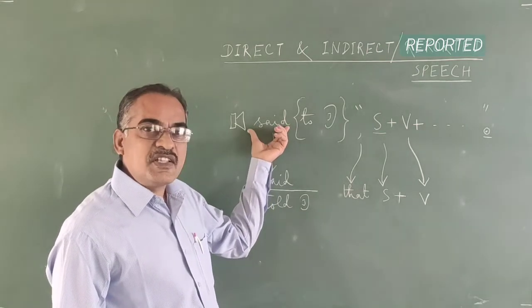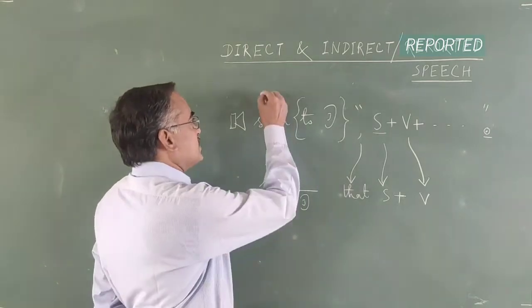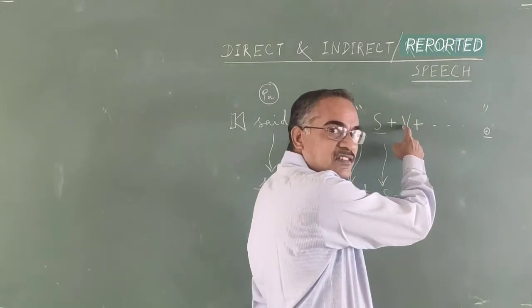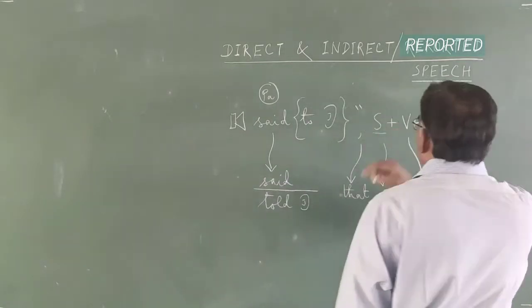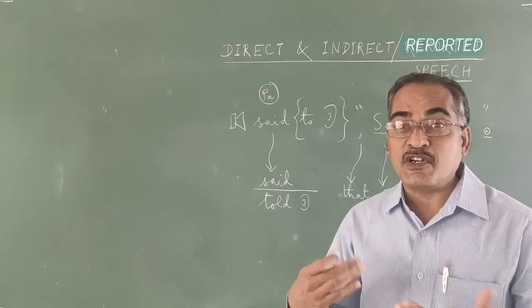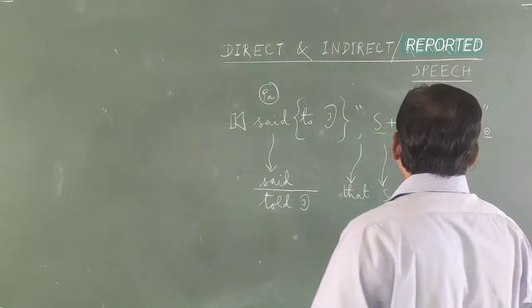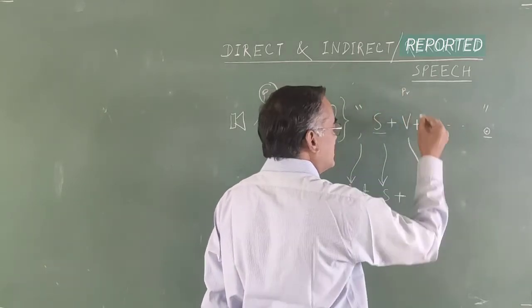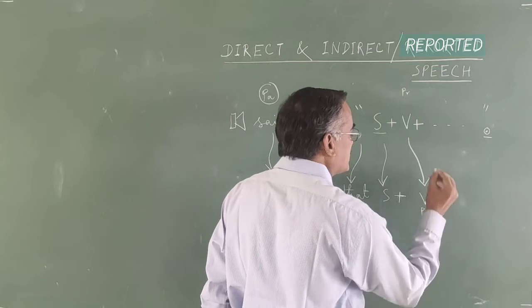If the reporting verb is in past tense, here said is past tense, then the verb here, this is the reported verb, should be changed to corresponding past tense. That is, imagine if this is in present tense, this should be changed into past tense.